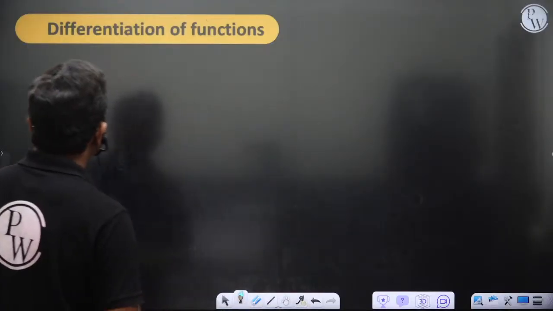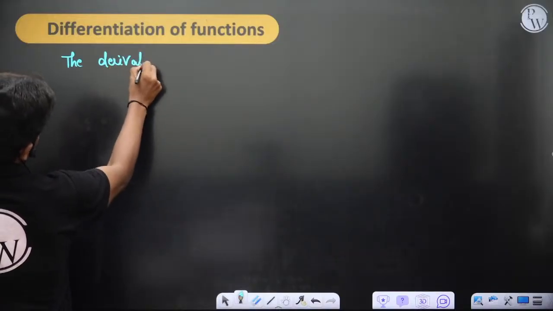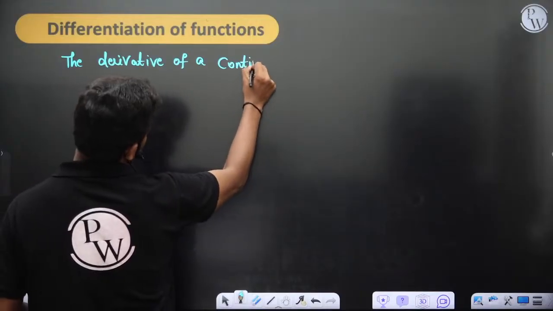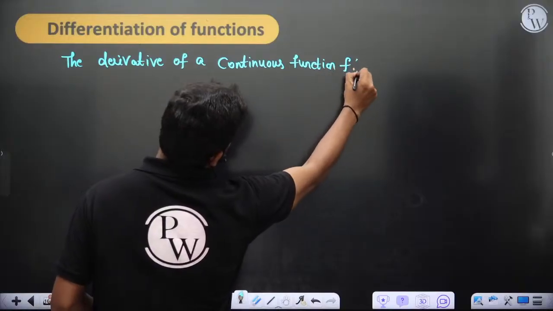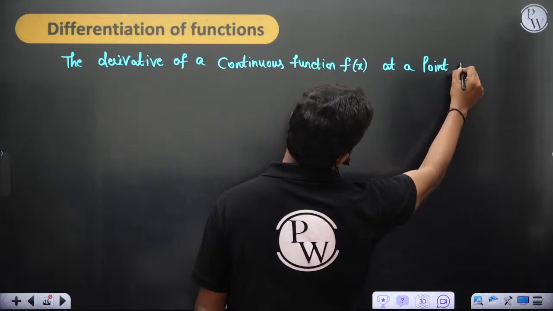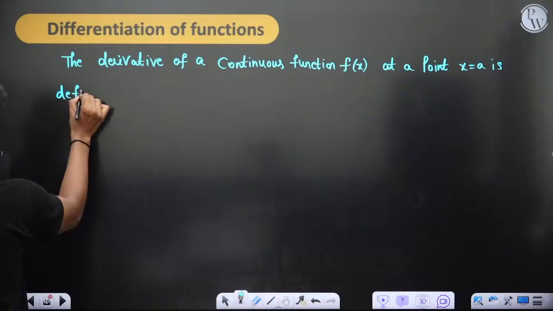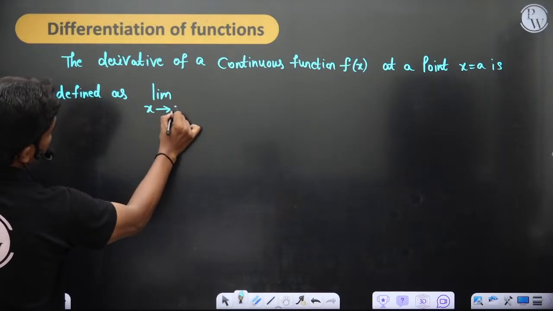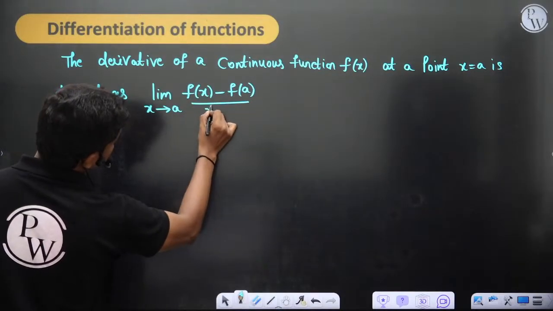So the derivative of a continuous function f of x at a point x equal to a is defined as limit x tends to a of f of x minus f of a divided by x minus a.